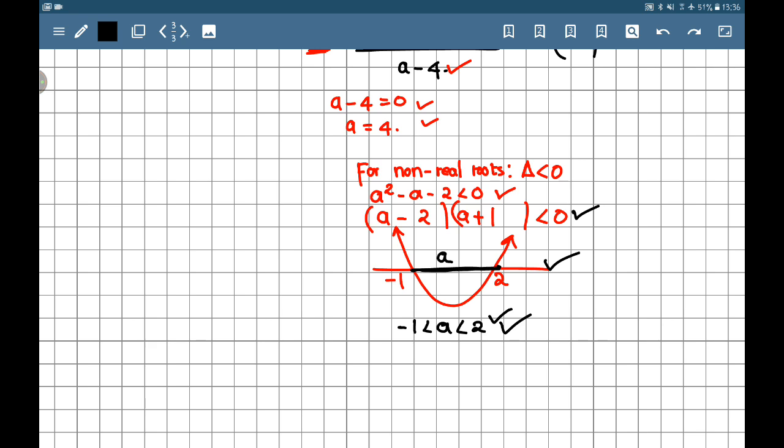For unequal roots, the discriminant must not be equal to 0. It must be greater than 0. For rational roots, the discriminant must be a perfect square.